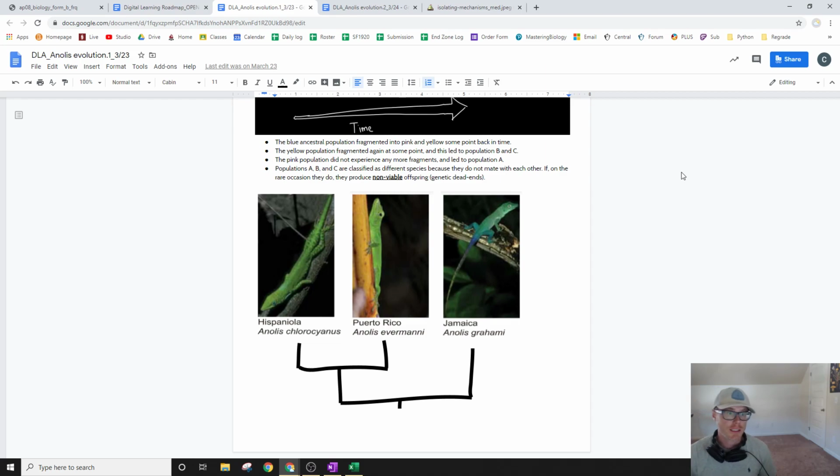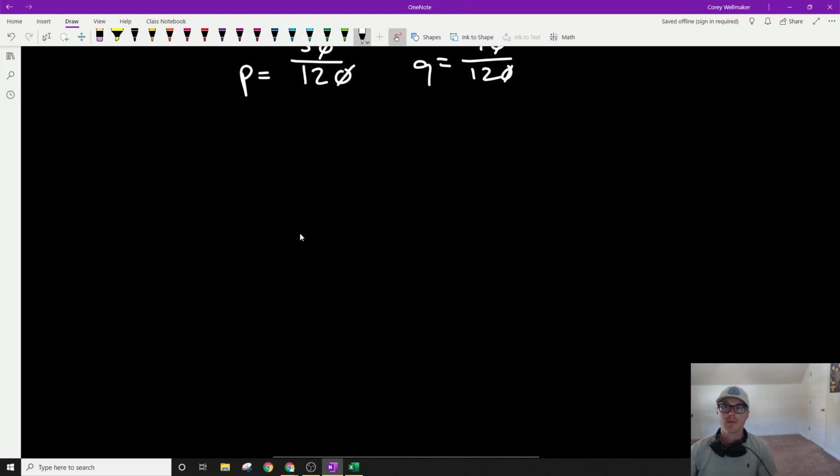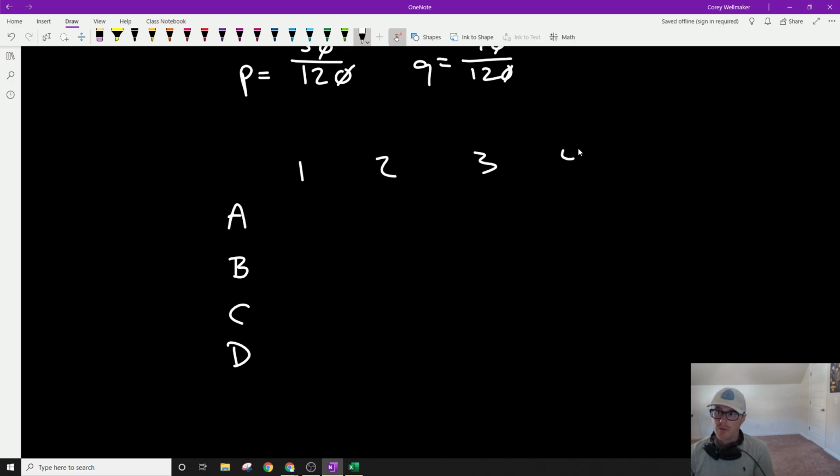I don't know if this is what you're asking, but you might have a polytomy. Here's a generic example of when a polytomy would be necessary. You have organisms A, B, C, and D, and we're looking at traits 1, 2, 3, and 4.